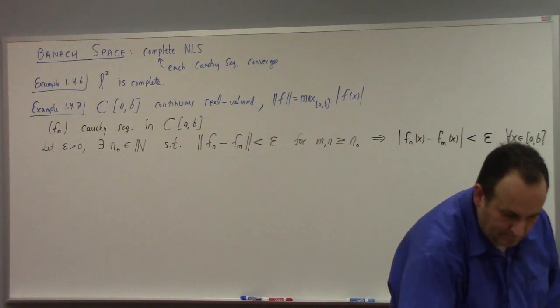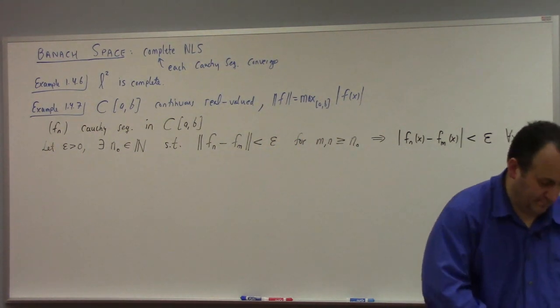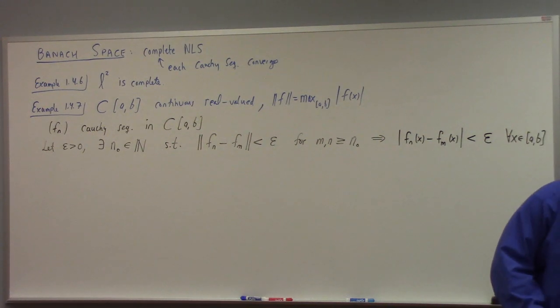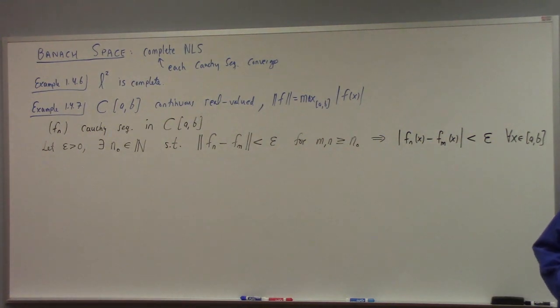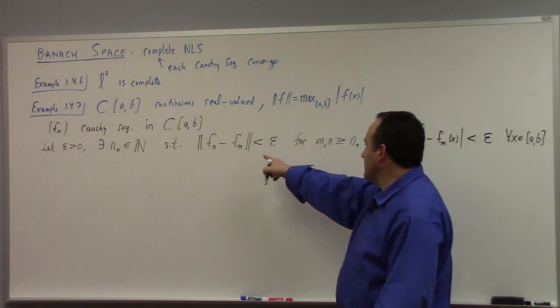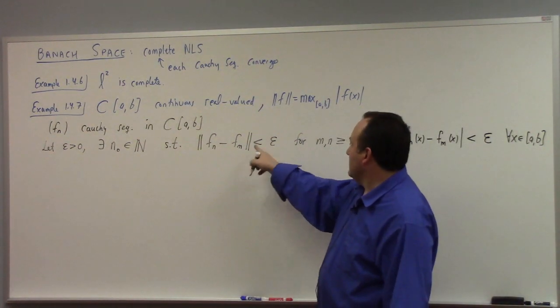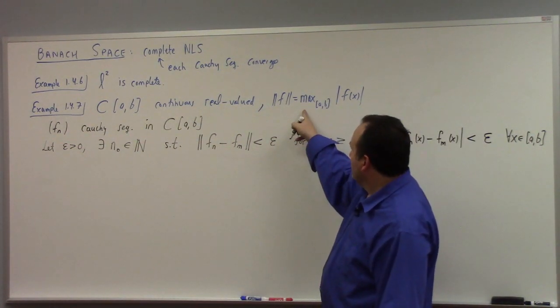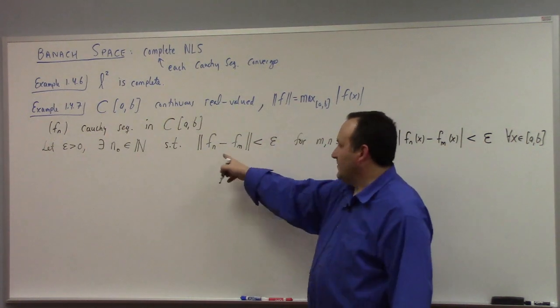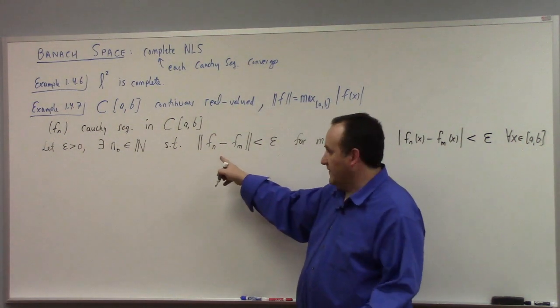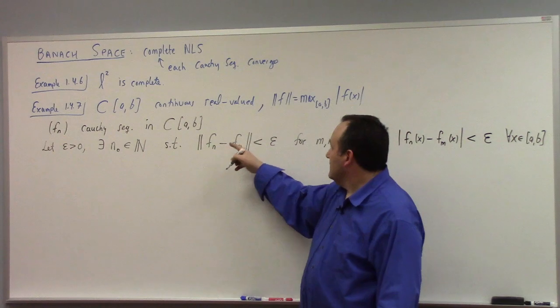I think that makes sense. I'm just literally saying that this condition is the max norm, which is here. So we're taking the max of f_n minus f_m, which is f_n(x) minus f_m(x).